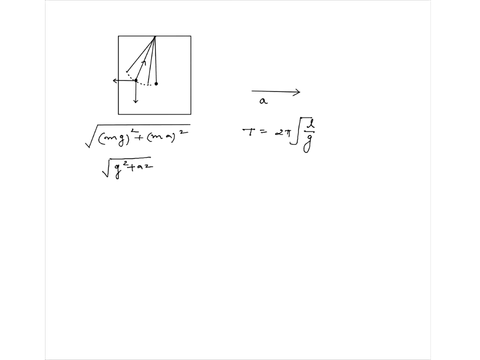So T should be 2 pi under root of L divided by under root of G square plus A square.